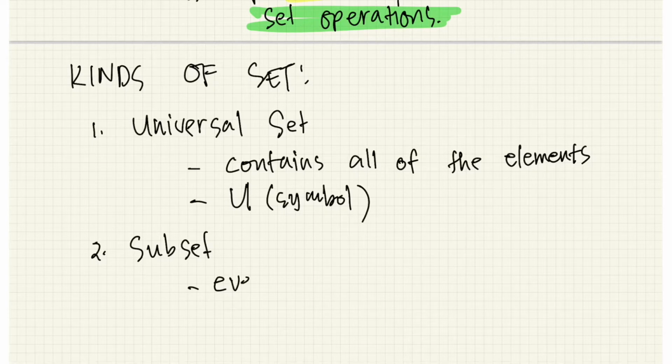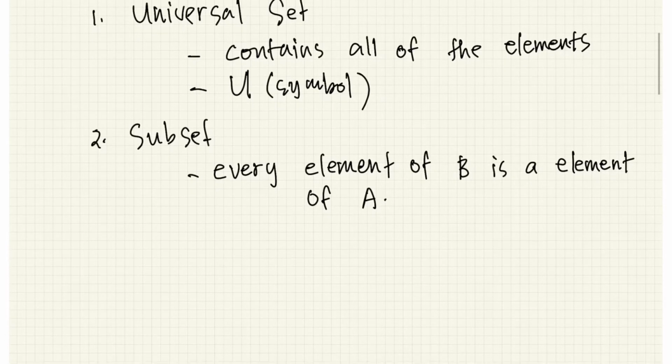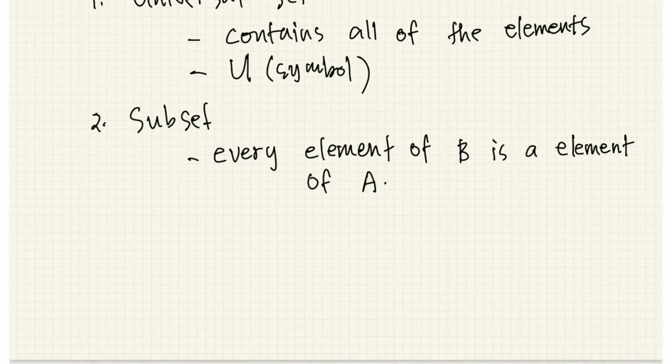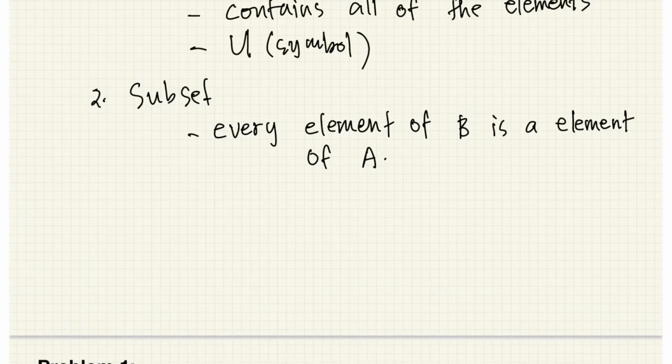Second is the subset. Every member, or every element, of B is an element of A. Third, we have the complement.